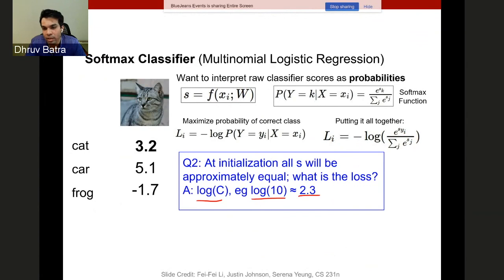This usually ends up being quite a valuable sanity check. The two losses we introduced, we told you what their min values are and what their max values are. At initialization, if you set them to 0, you should get number of classes minus 1 versus log c.